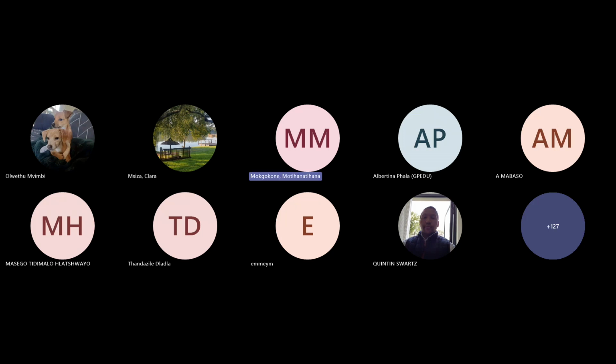Let me check on the chat. You can display the information scenario only. They said they can't see, but I did share it twice on the chat. This is the scenario. They can see the scenario.